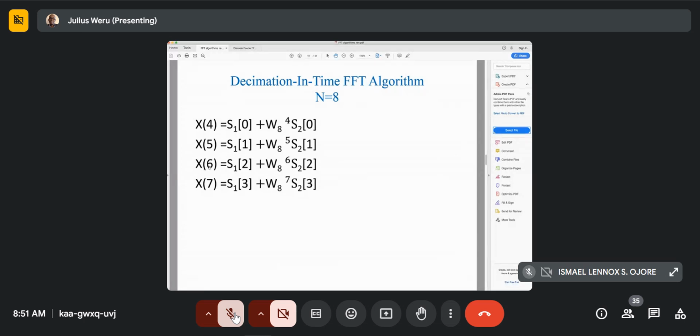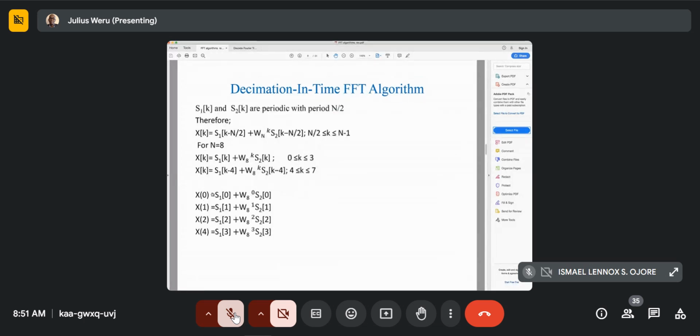For 6, it is going to be 6 minus 4, so S1 of 2. This will be W to 6. And this is S2 of 2. So we are now going to have X1 to X4.